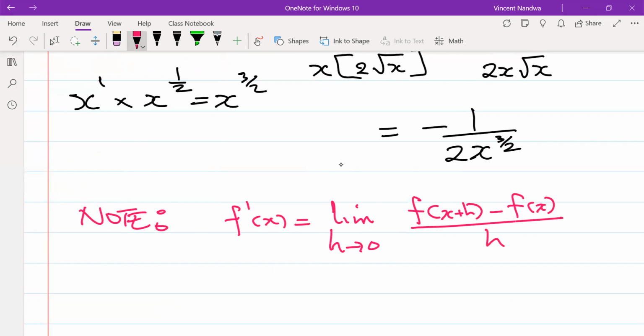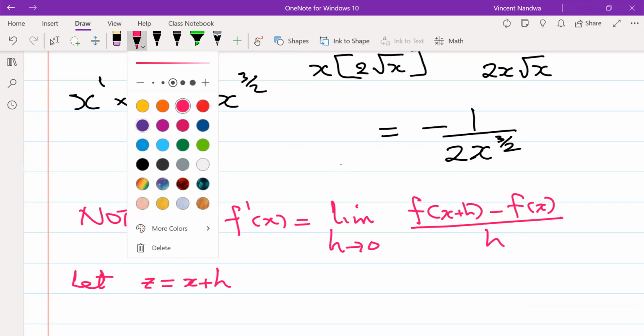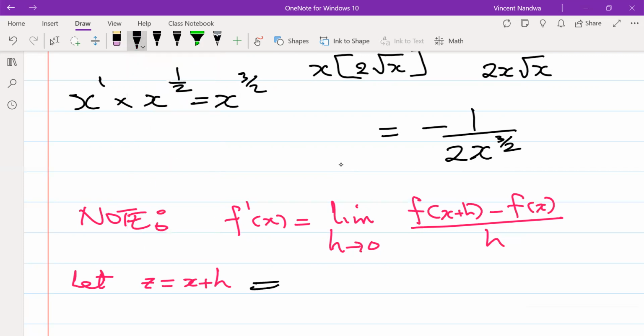So let me pick a different number, say z, be given by x plus h. Okay. You pick this x plus h to be a different variable, say z. So this means as h approaches 0, z approaches.